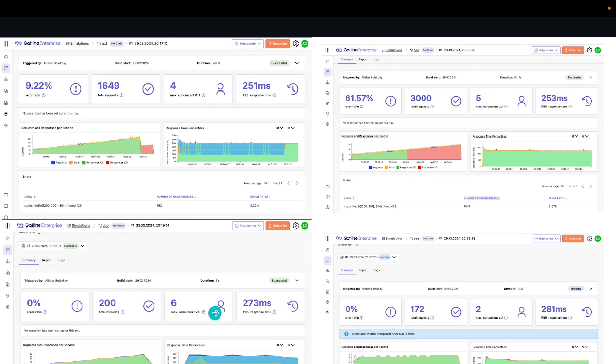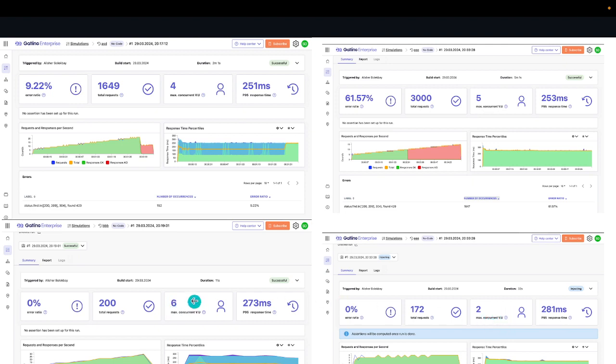Here it shows the time. It's just 11 seconds. After 20 seconds, it had fewer total requests, and also here you can see the maximum concurrent users.